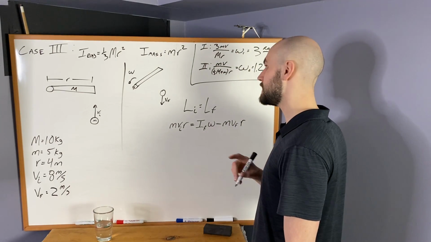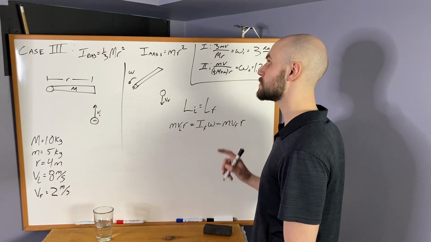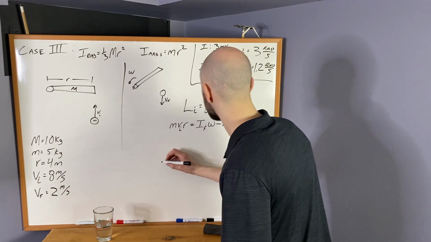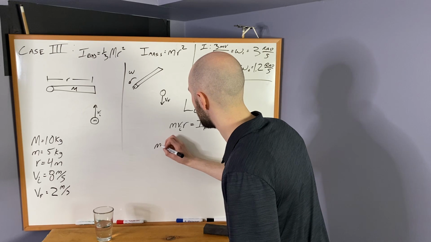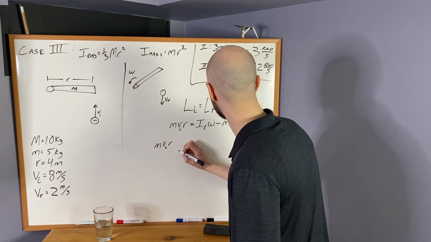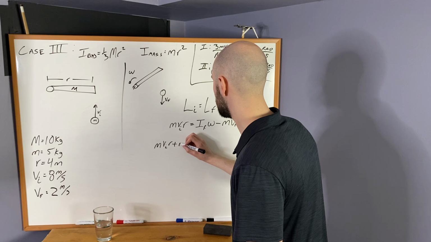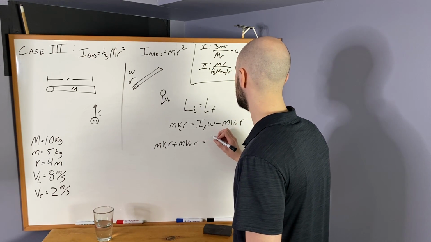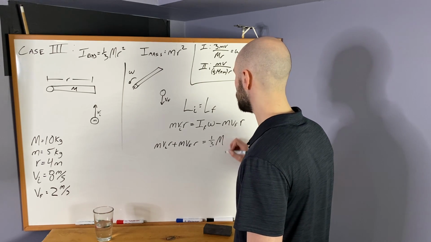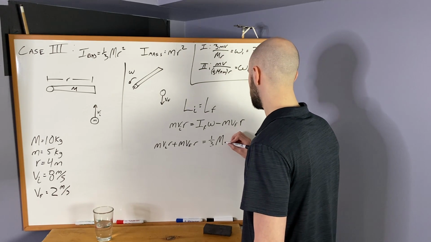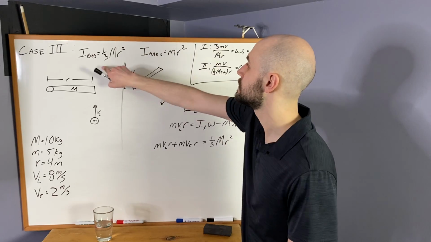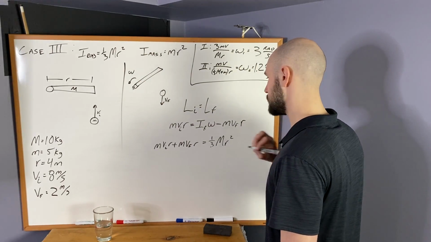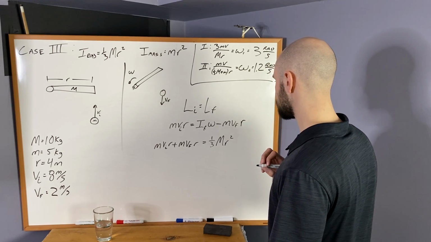So we're going to plug in what we know about the rotational inertia of the rod. That's 1/3 mr squared. We're going to move over this term and start solving. So we could say that mv initial multiplied by r plus mv final multiplied by r is equal to 1/3 capital M for the rod, r squared, that's the rotational inertia of the rod, multiplied by omega.